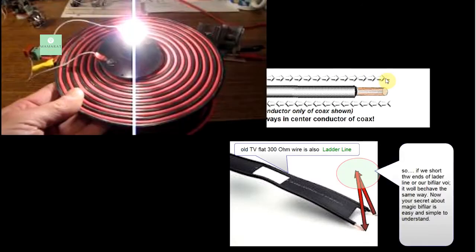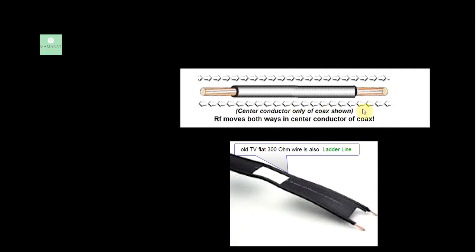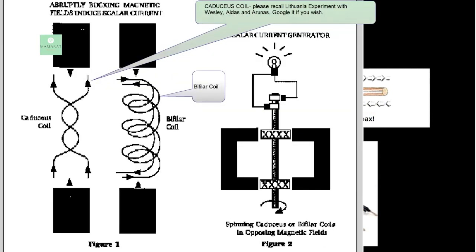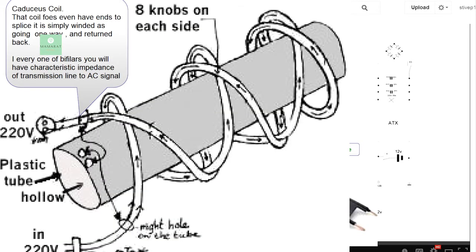So whether we short coaxial cable at the end or we short 300 ohm ladder line, which is our old flat cable from the TV, we're going to have a similar behavior, and yet it will lead us to all of the bifilar coils that we play with. So it depends on the shape of the transmission line.